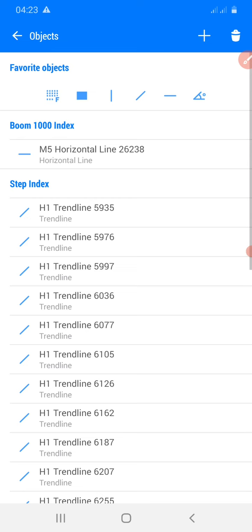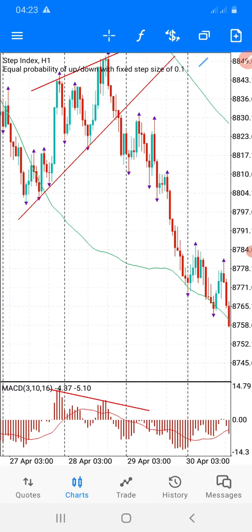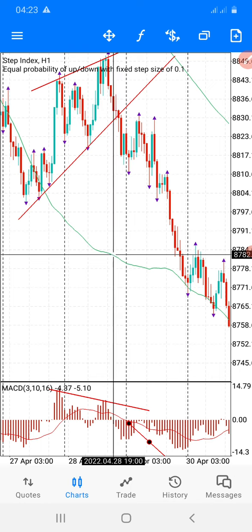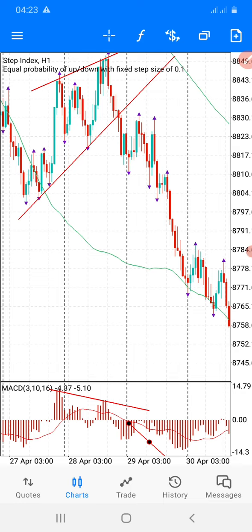A confirmation to that retest is the formation of this histogram below our zero line. Let's use the crosshair. You can see the formation of the histogram. So at the close of that candle that is forming below, you make your entry and then you put your stop loss at the previous high of the market.